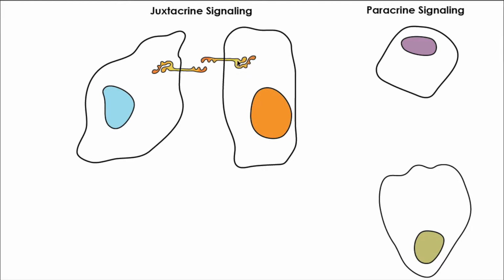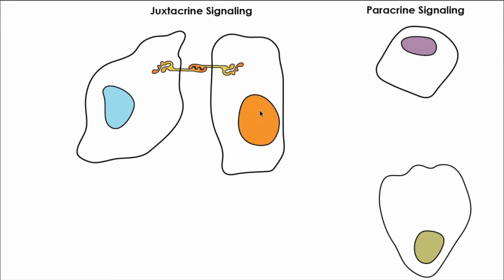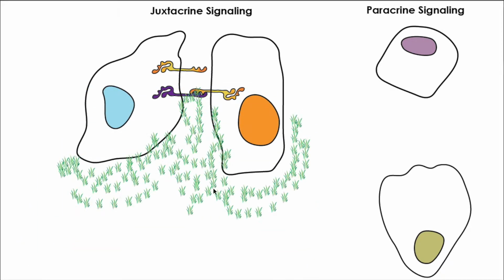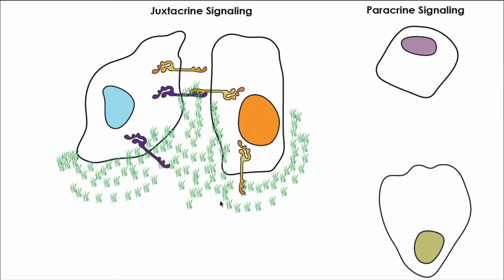This communication could be between two identical receptors in a homophilic binding interaction, or heterodimerization could occur between two different receptors. Alternatively, juxtacrine signaling can also use receptor interactions with components in the extracellular matrix, seen here surrounding the cell.